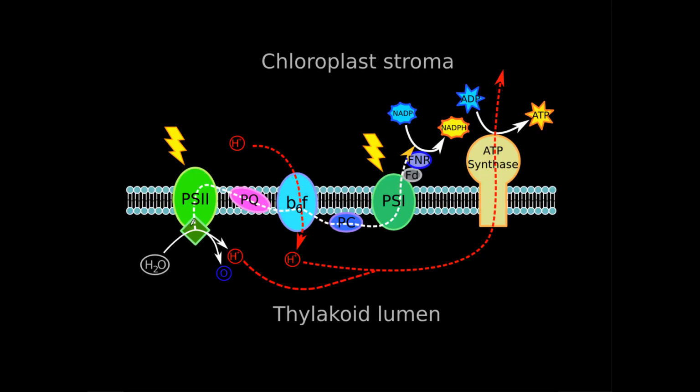So again, this is being simulated right here. Here is the reaction center of photosystem 2. We're going to have water that is split, making a couple protons and also an oxygen. This oxygen is then going to be leaving the plant or whatever photosynthetic organism this is.